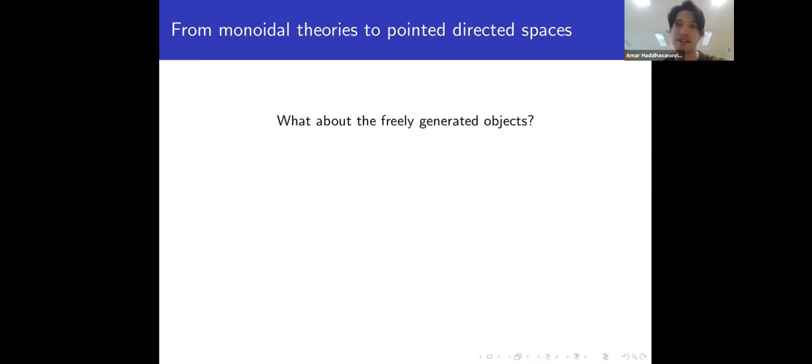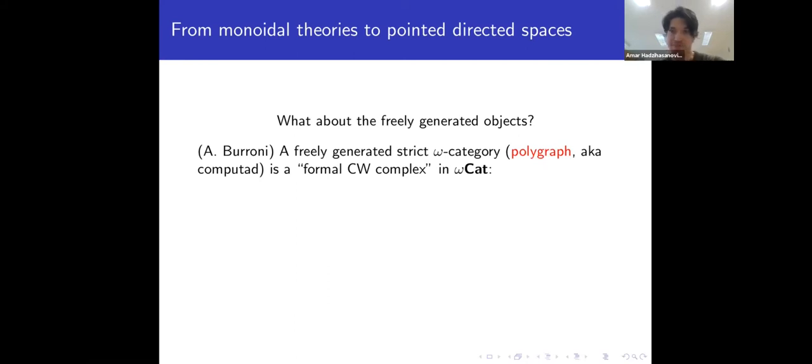So what about the fact that these have freely generated objects from a set of sorts? And to interpret this, we're going to take a hint from the theory of polygraphs or computads, where one can see a freely generated strict higher category, a polygraph, as being like a formal CW complex in the category of strict omega-categories, in the sense that it's an object that can be inductively generated by progressively adding cells of increasing dimension.